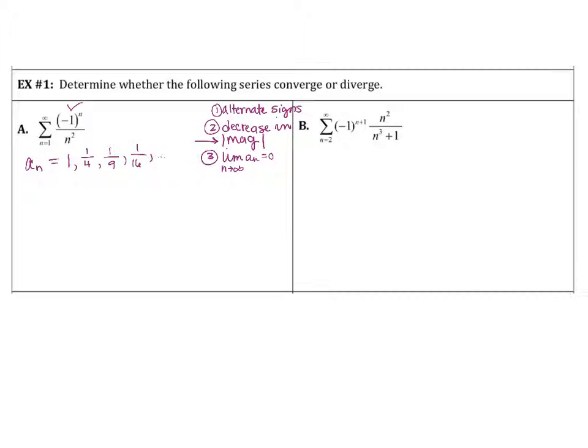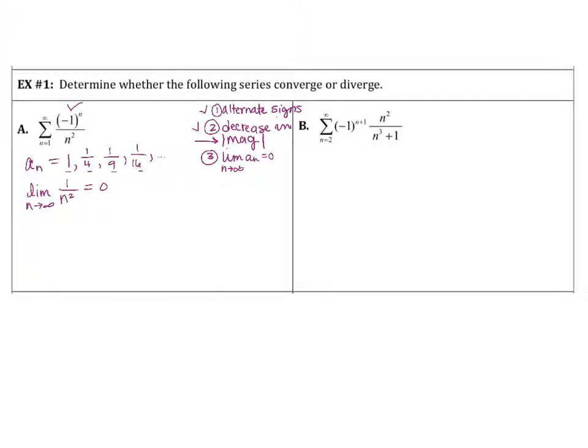As we're continuing on, we have our alternating signs. We are decreasing in magnitude. And look at our limit value. If I look at just the limit here, as n approaches infinity, of 1 over n squared, because we're just looking at the limit for each one of these terms, then we see that does tend towards 0. Notice all of those conditions have been met.